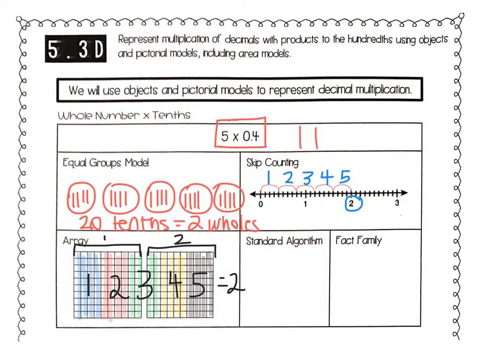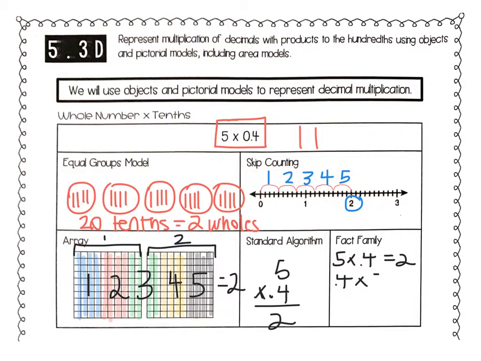So for our standard algorithm now, we can say that 5 times 4 tenths equals 2 wholes. So when I look at my fact family, I can say 5 times 4 tenths equals 2 wholes.